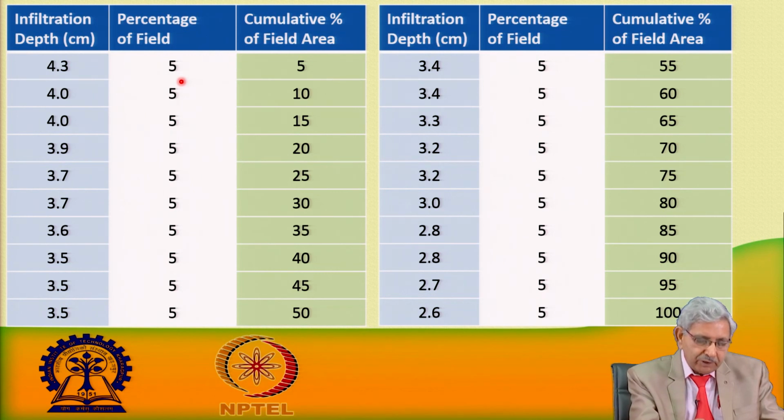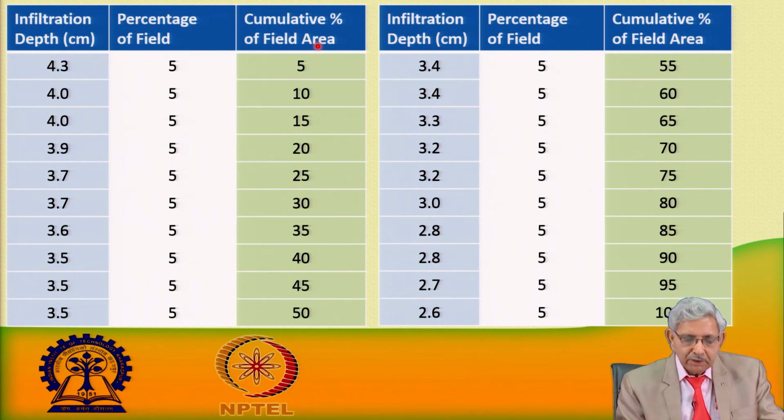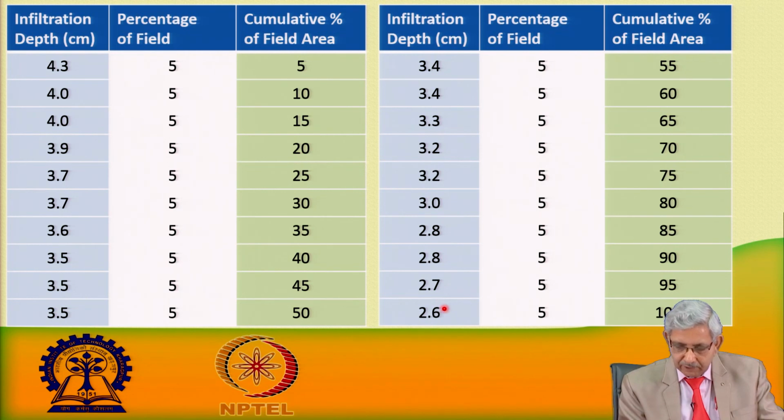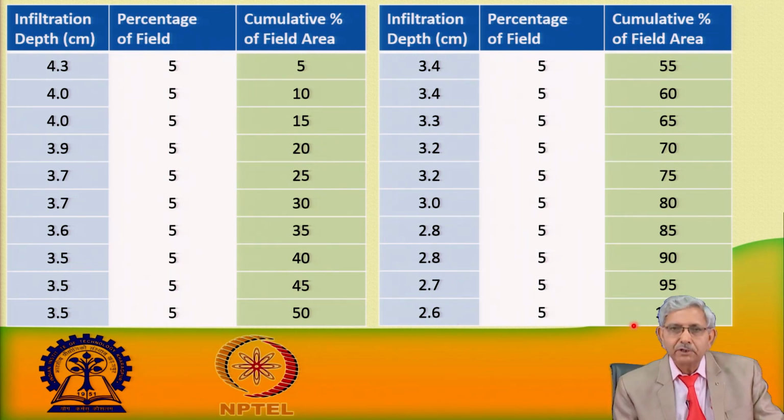So, 5% you can see here, and then we are finding out the cumulative area: 5 plus 5 is 10, then 10 plus 5 is 15, like this. When you see the 2.6, that means the total area is 100% cumulative area.